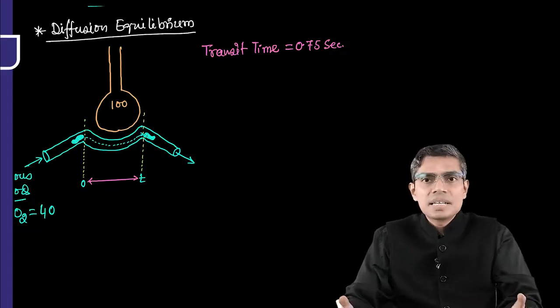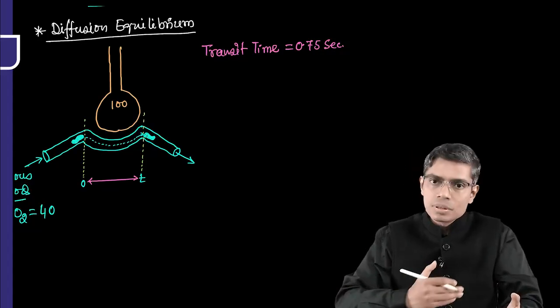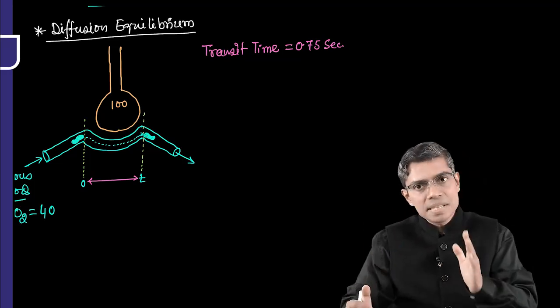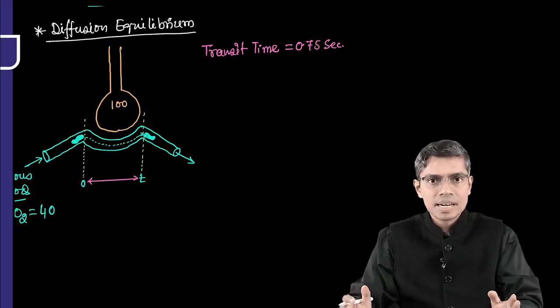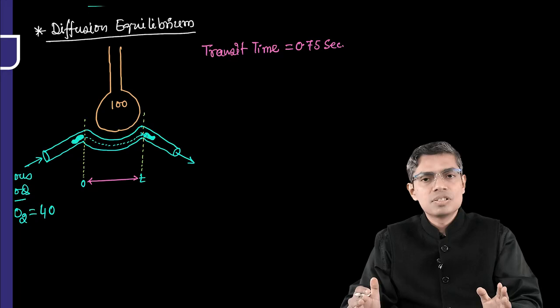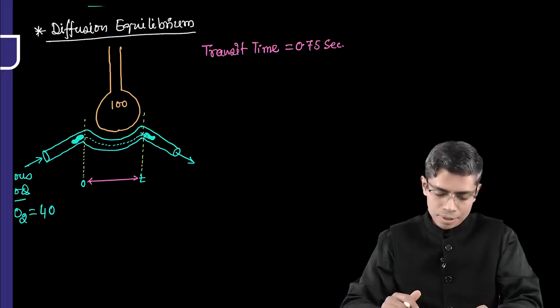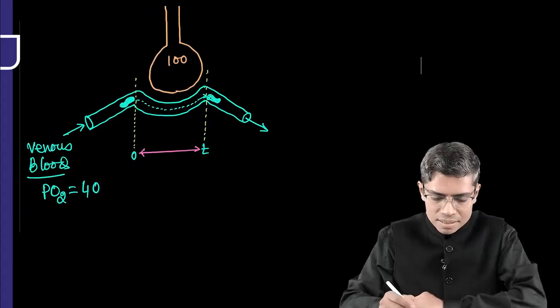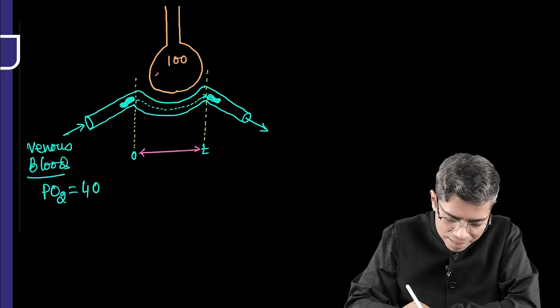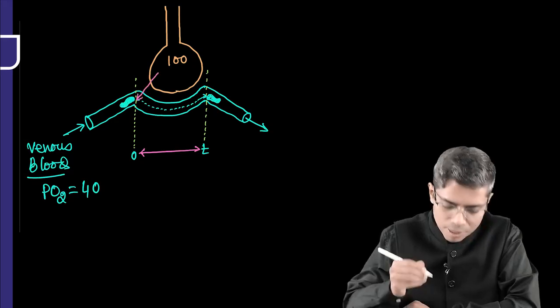Obviously, if your heart rate is faster, the transit time will be decreased. There is no problem, but considering an average heart rate, the transit time is 0.75 second.